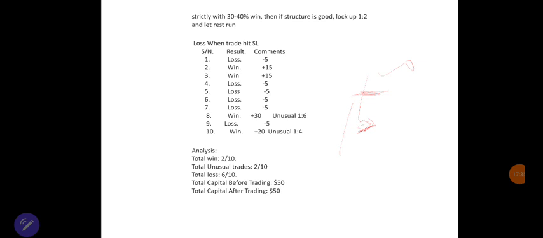Now, when we see a setup whereby the potential of that trade setup can give us more than 1:3, what we do many times is not to limit ourselves to just 1:3.